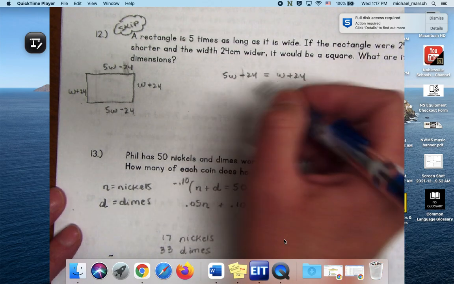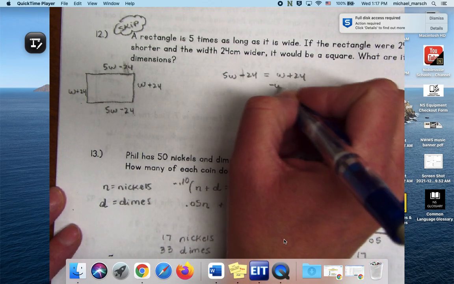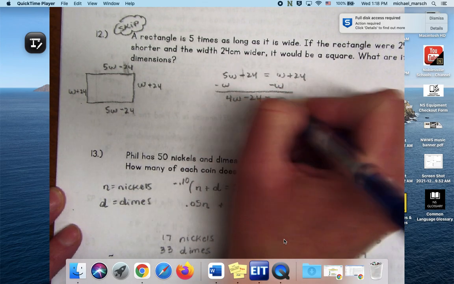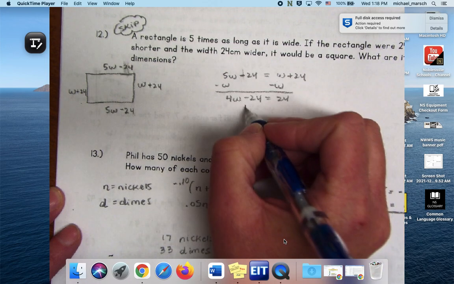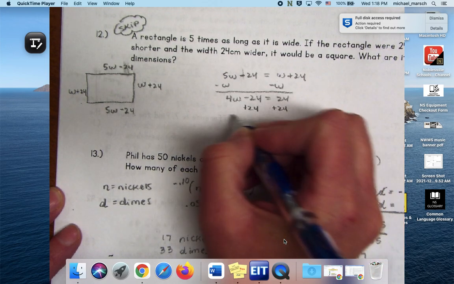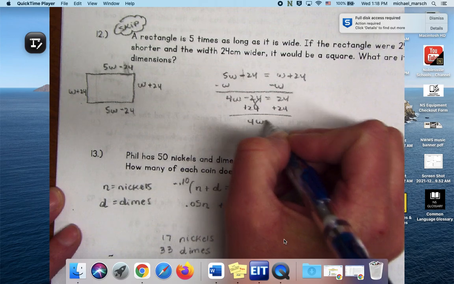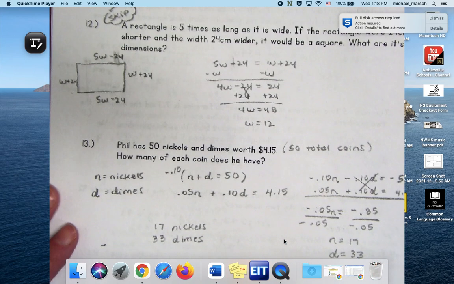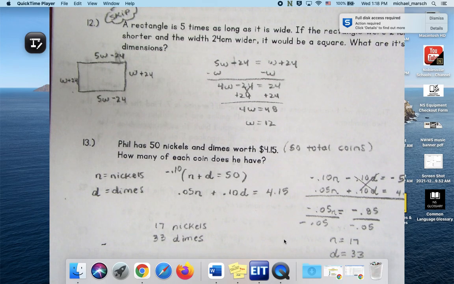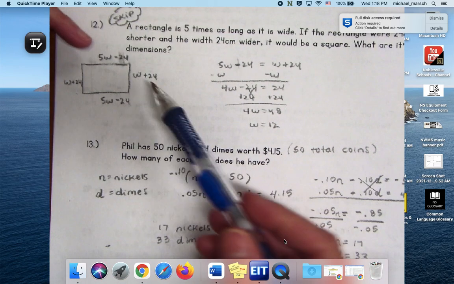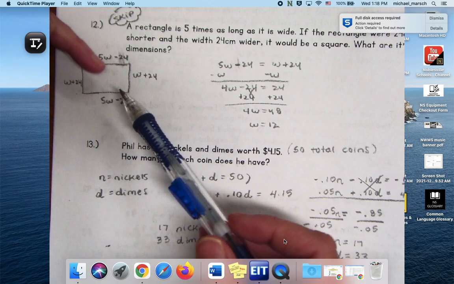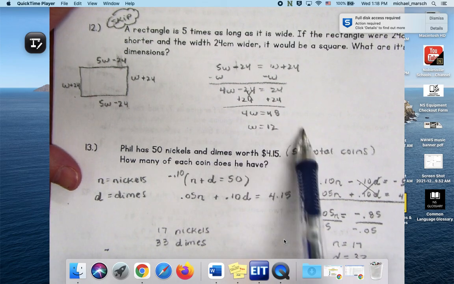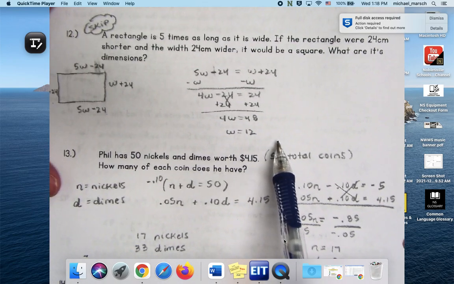So I'm going to subtract W here, then add 24 here. I can set these equal to each other because I changed it from a rectangle to a square. So this tells me the width of my original rectangle was 12.